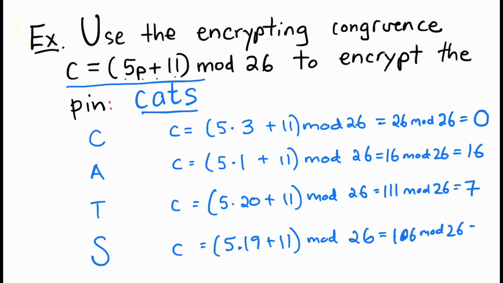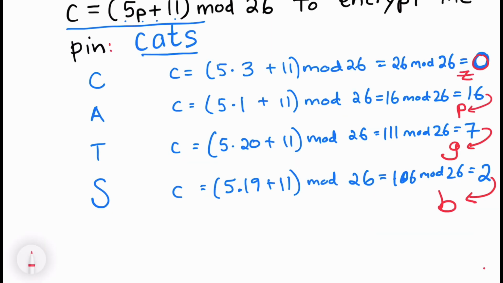And if we divide 106 by 26, the remainder is 2. So the 0th, or you could say 26th letter is Z. The 16th letter, if we go back to the list, is P. The 7th letter in the alphabet is G. And the second letter is B. So using this encryption, cats would be encrypted as Z, P, G, B.